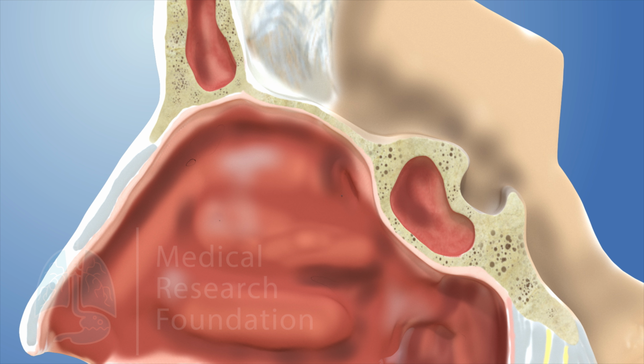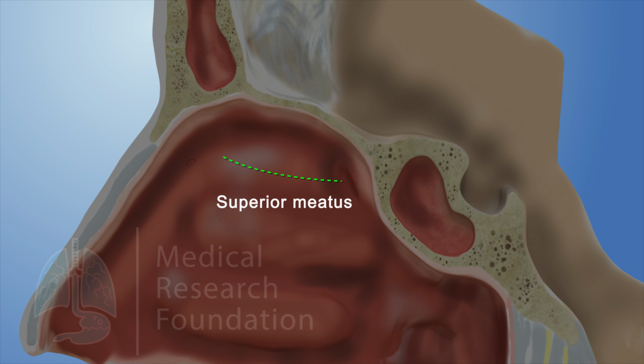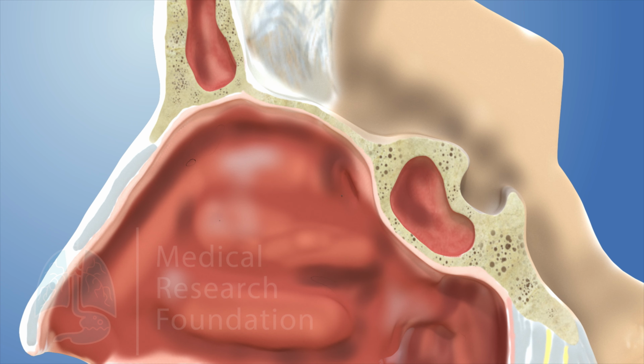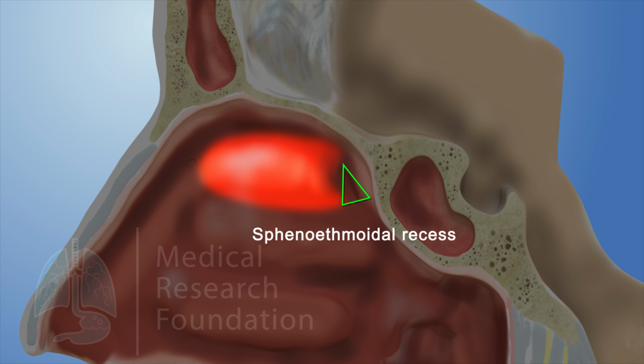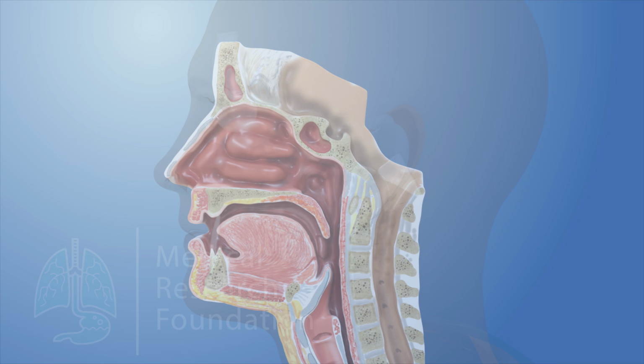Infundibulum, a short passage at the anterior end of the middle meatus. Superior meatus is the smallest and lies below the superior concha. A triangular depression above and behind the superior concha is known as the sphenoethmoidal recess.